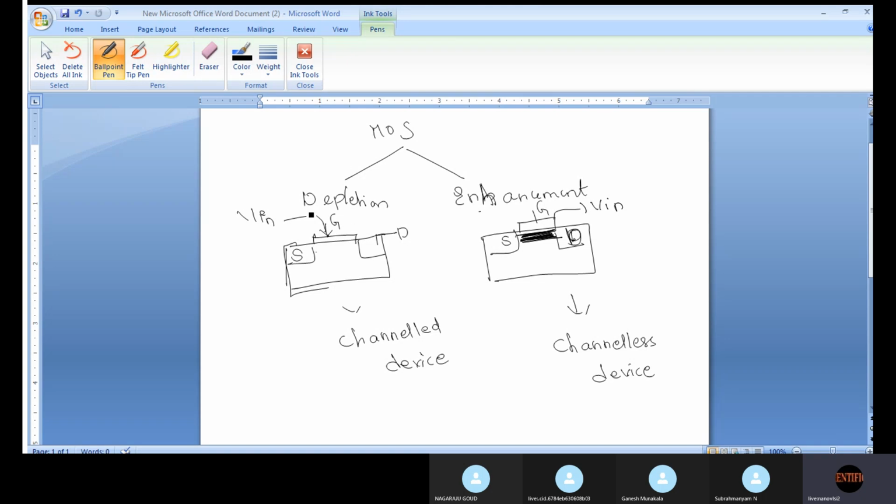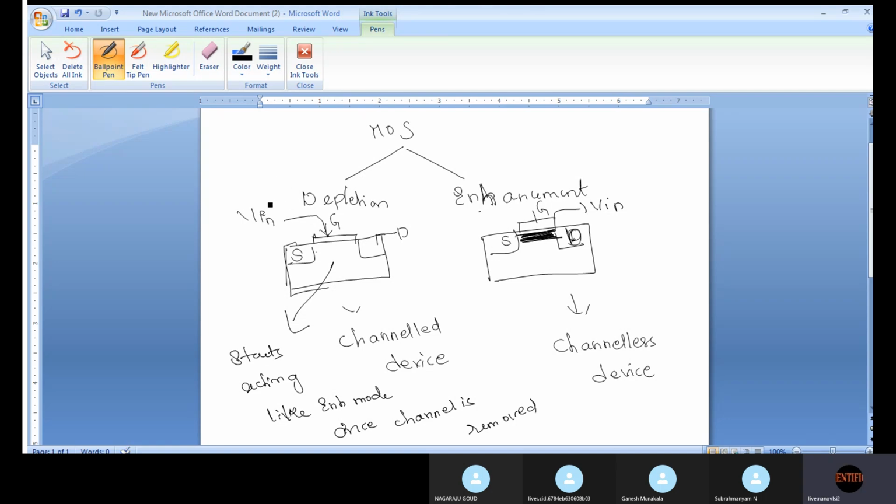And one more thing is, once the channel is broken in the depletion mode MOSFET by the application of the input voltage, it starts acting like an enhancement mode MOSFET.